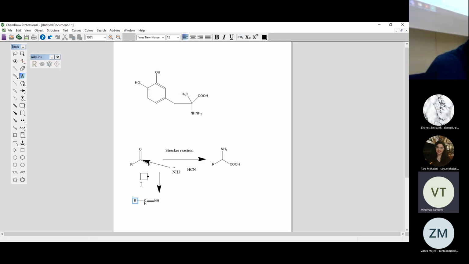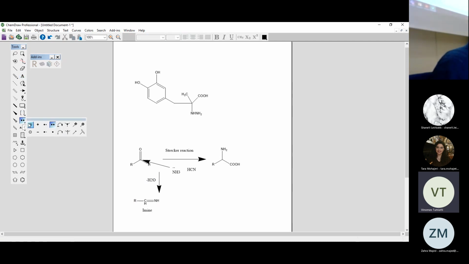We have a loss of one water molecule. We have already seen this type of reaction. And then we have the formation of imine. What is the polarity of this compound?